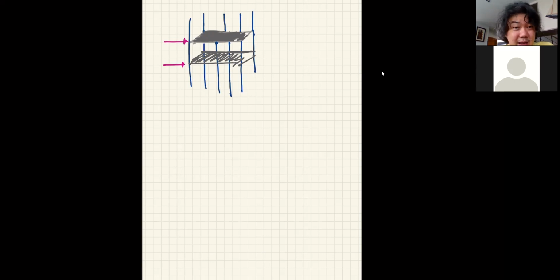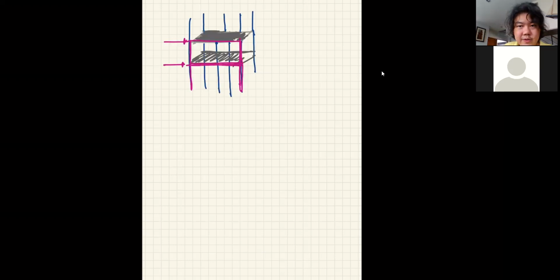You need a system where your structure will act together. That's why we need another system in this direction to help resist the horizontal load.